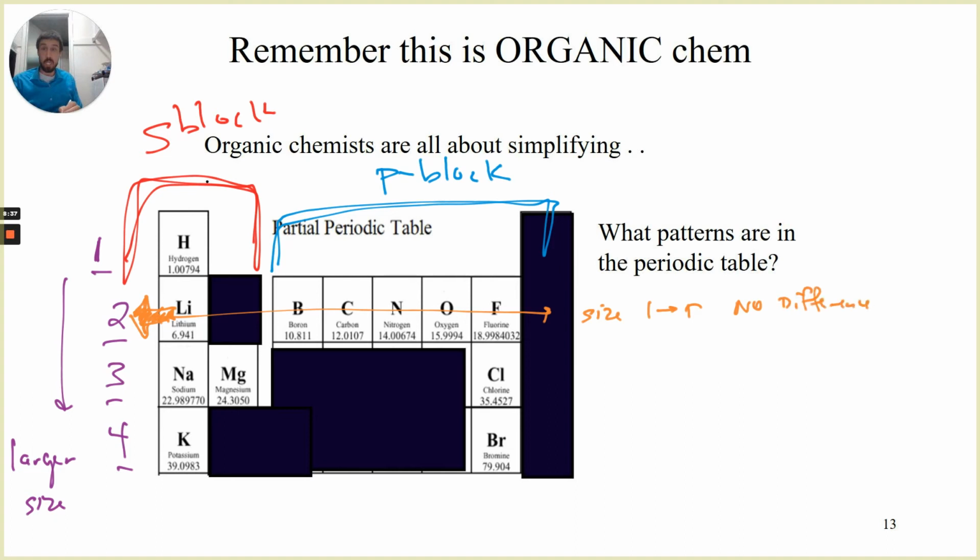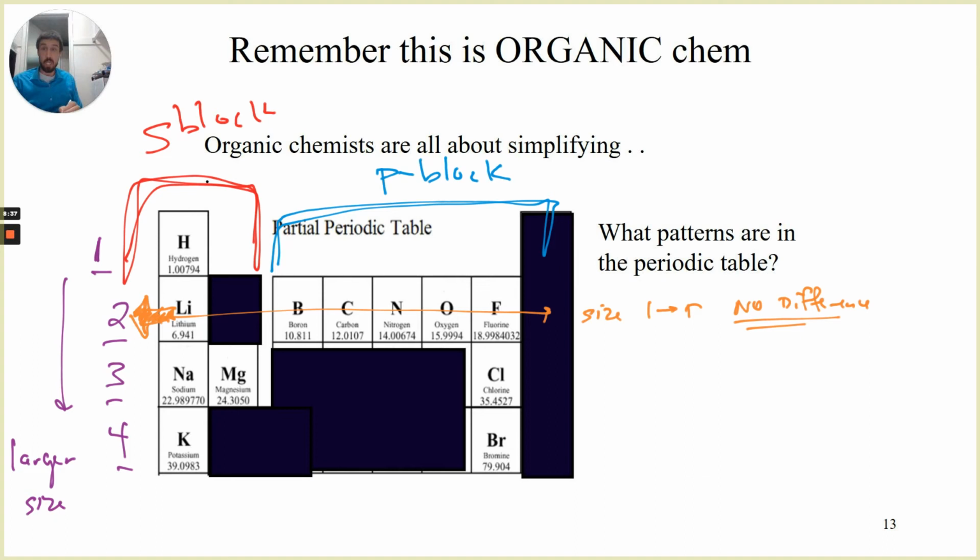Okay, and this becomes important because when we're evaluating reactivity, size is a big part of it, but there's another part that's going to become important, and we'll look at that in a second. Okay, so what I want you to remember with size, down a column, bigger. Across a row, no difference. For those of you that are like, but I remember there was a difference, well, you need to come up with a better explanation.